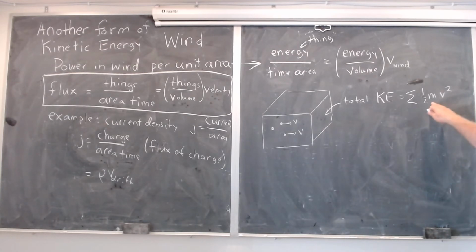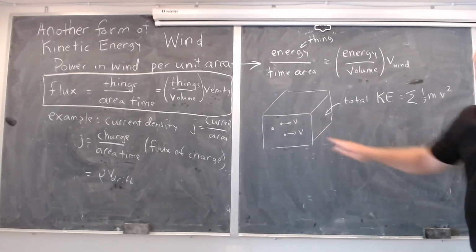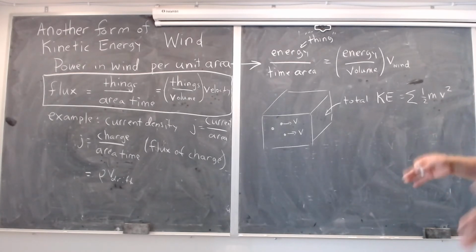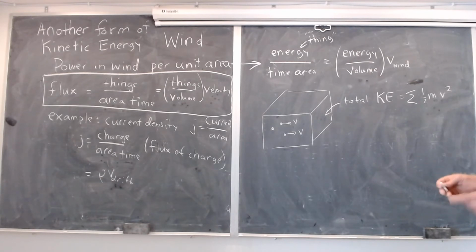Meaning each molecule has a kinetic energy given by 1/2 mv squared, where m is the mass of the molecule, assuming that within the box the wind velocity is the same for all the particles.